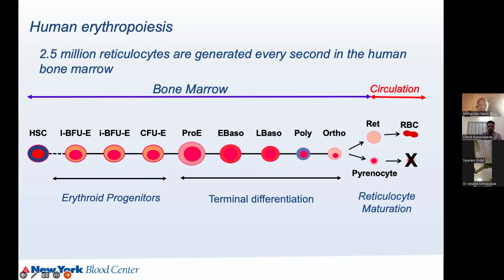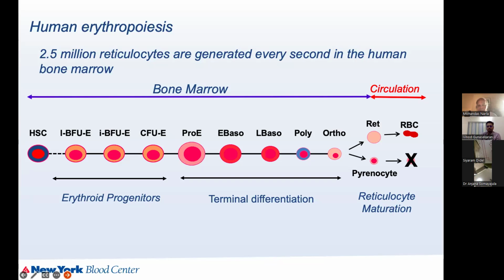All of this erythropoiesis, the making of red cells, starts with hematopoietic stem cells. And this undergoes a very complex process of cell differentiation to generate the mature reticulocyte. For convenience, most of us in the field divide this whole complex process into three different stages.